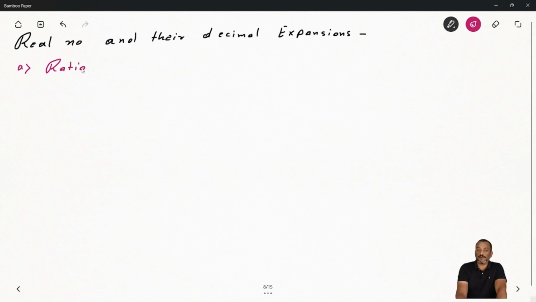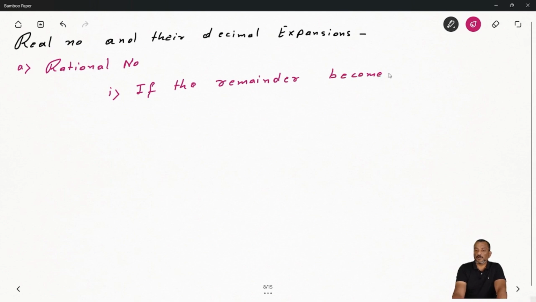Okay. So in rational numbers, if I talk about the decimal expansion, here you get the first case: if the remainder becomes 0.